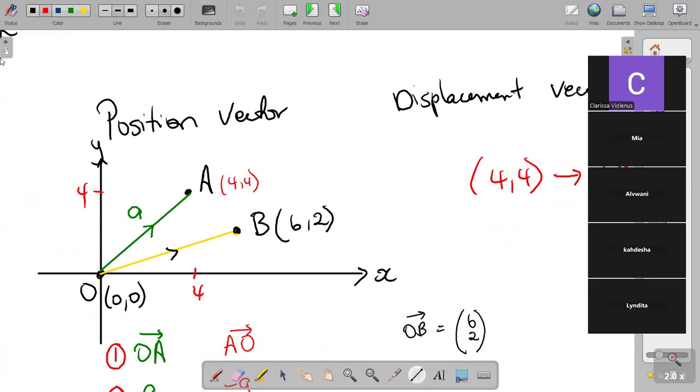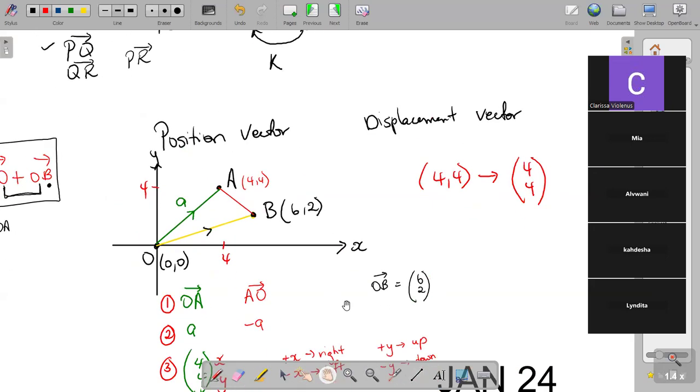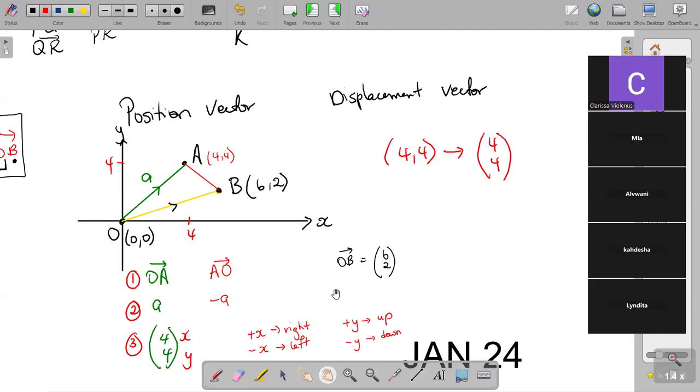For example, I'm going to use a red line to draw a displacement vector AB because it does not start from the origin. Quick question, everybody should be familiar with all of this information, right? Yes, no, talk to me quickly because you're going to hear these terminologies a lot: position vectors, displacement vectors, positive movement, negative movement, right?